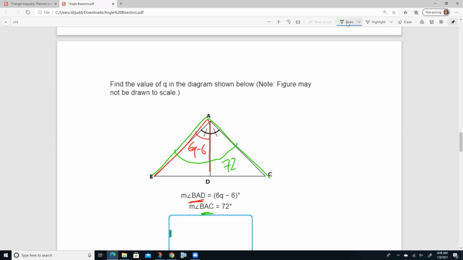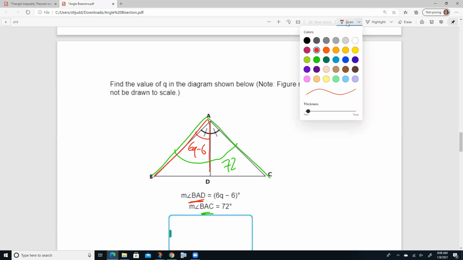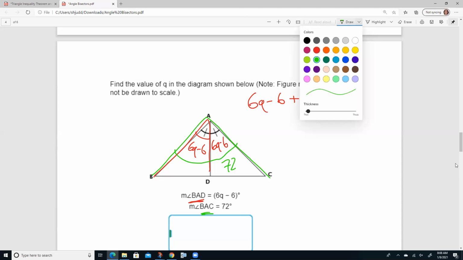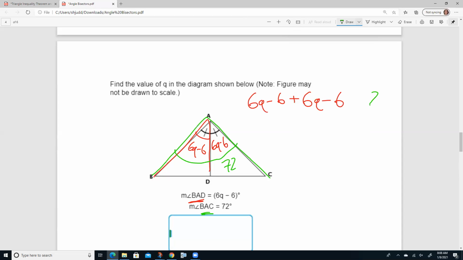Okay, is 6Q minus 6 equal to 72? No, it is not. We would need 2 of them, or it's cut in half, and this is just 1/2. So if I take another one, then I could add them up. 6Q minus 6 plus 6Q minus 6 is equal to 72 degrees.